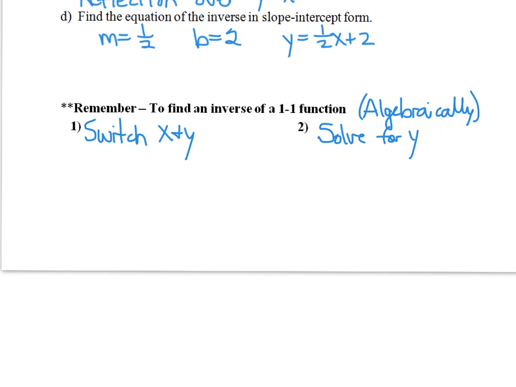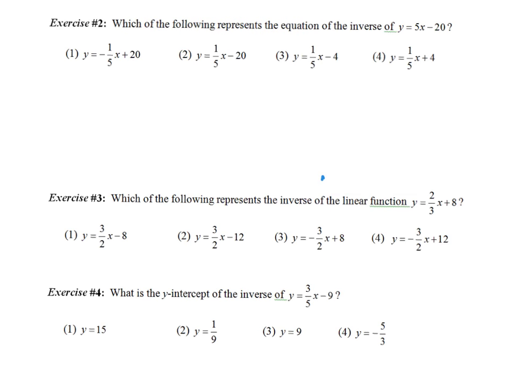Once we solve for the y, if our function was given to us in terms of f of x, then the notation that we can use is f to the negative 1 of x to stand for the inverse. Now again, in this unit, we are just focusing on inverses of linear functions. So let's go ahead and use that technique to solve the next 3 exercises.